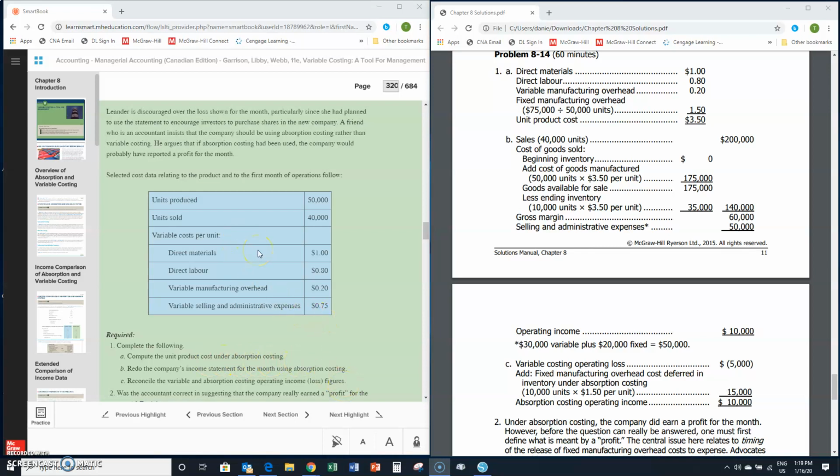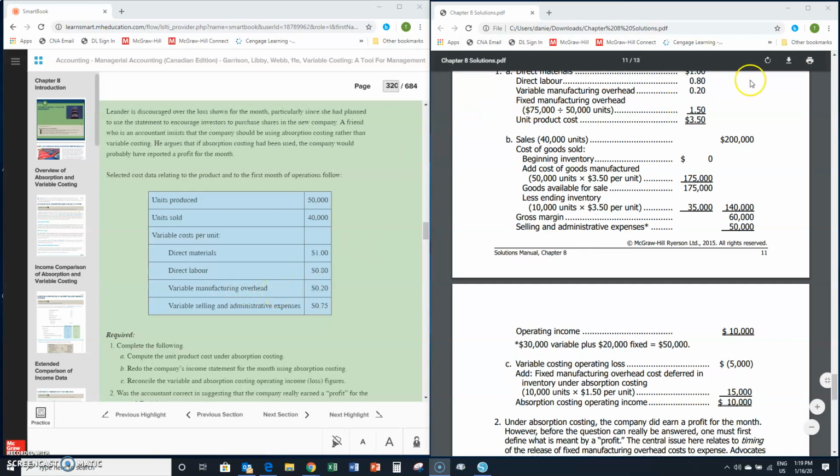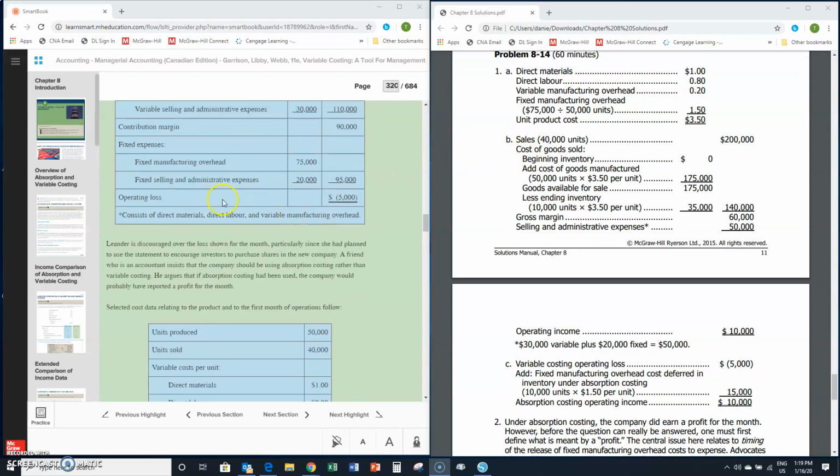So product cost under absorption costing is going to be our direct materials, direct labor, and variable manufacturing overhead, so those are given directly to us here. And it's also fixed manufacturing overhead. We get that from the statement we were given: our fixed manufacturing overhead was $75,000 in total.